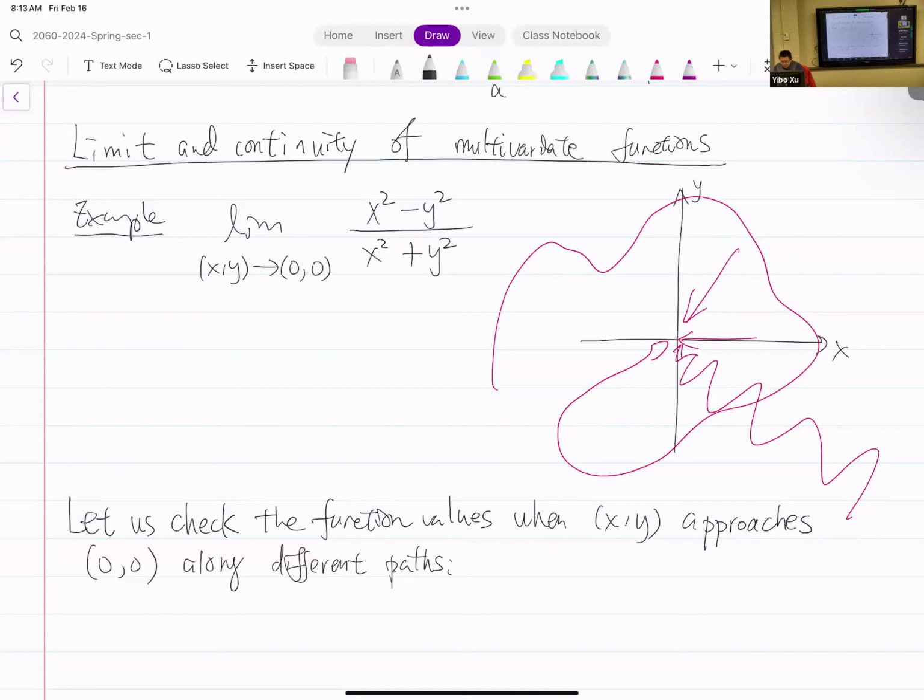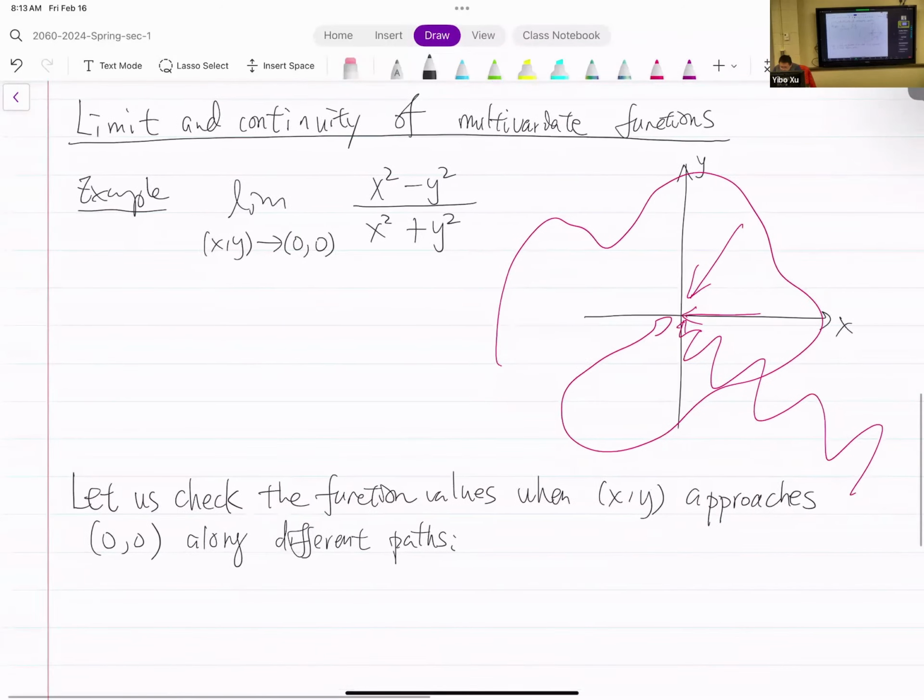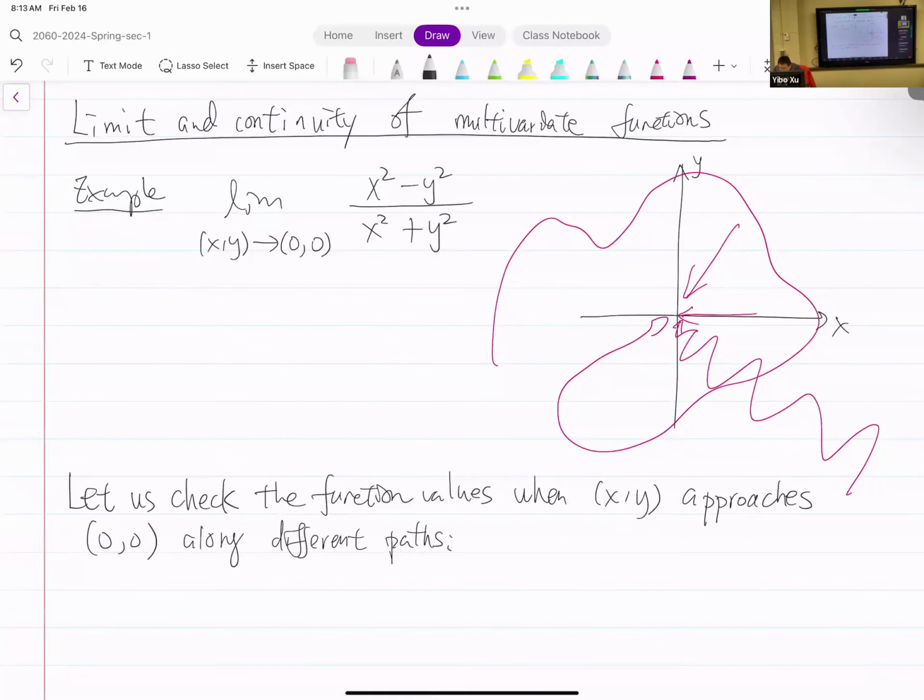So basically, we'll start with the easy ones. Okay? So we'll start with the fundamental ones that are, let's say, along the horizontal or vertical lines, and then possibly, we need to check something that's a little bit more complicated.